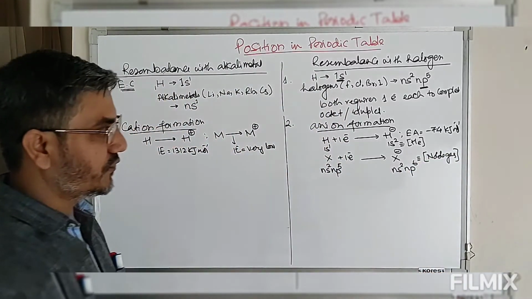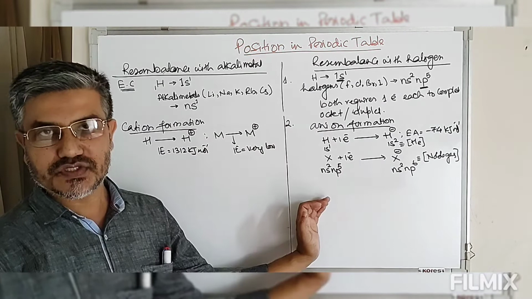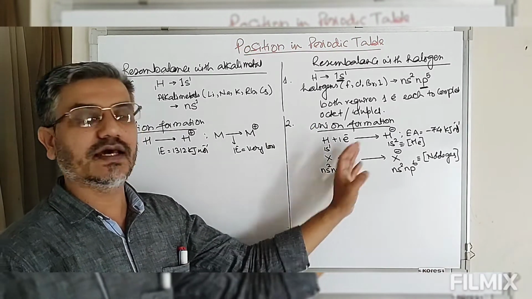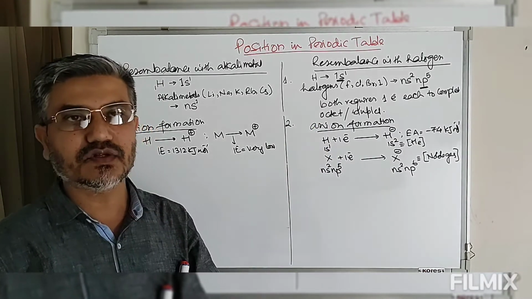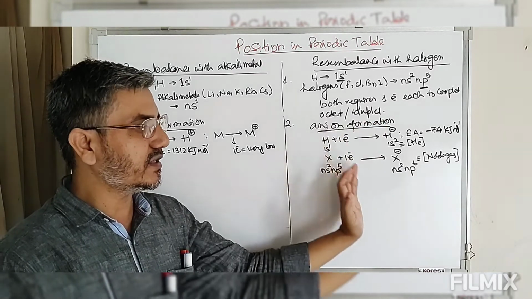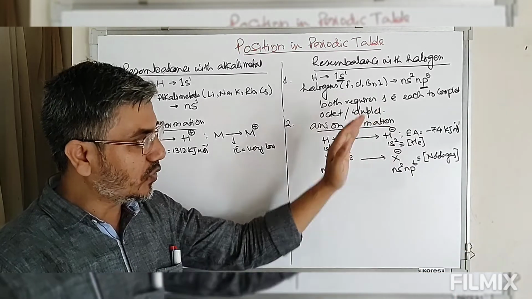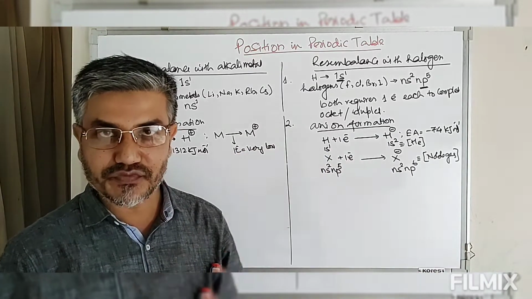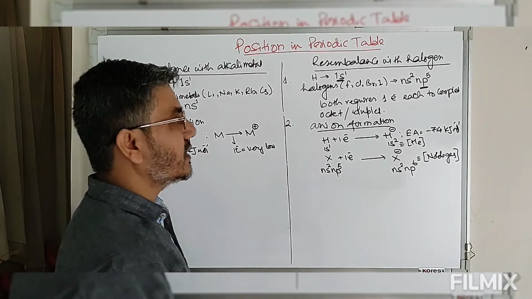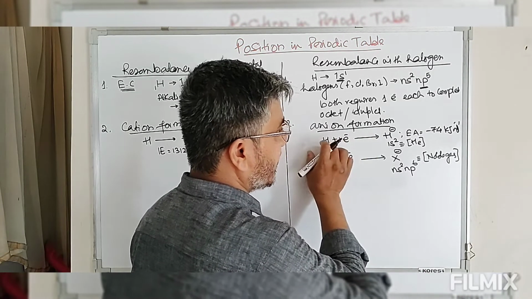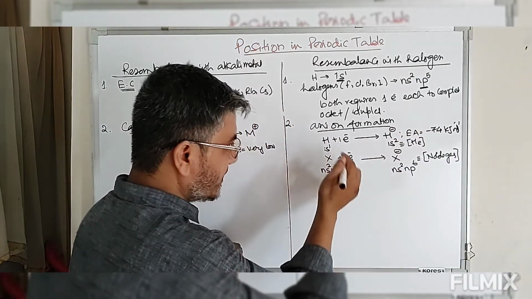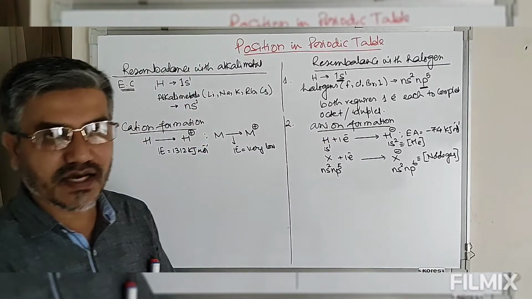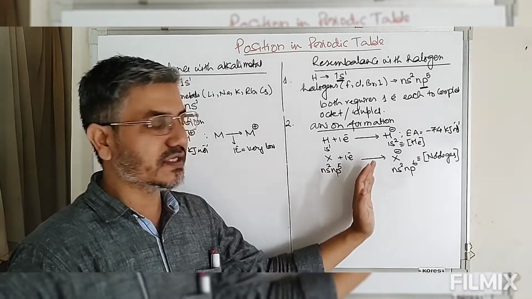So in terms of this electron gain process, both hydrogen and halogens gain an electron and are converted into hydride ion or halide ion. In both hydride and halide, it acquires the noble gas configuration. Now the electron gain enthalpy value for anion formation from hydrogen is minus 74, whereas the electron gain enthalpy of the halogens is very high. The reason being, they are the most electronegative atoms.